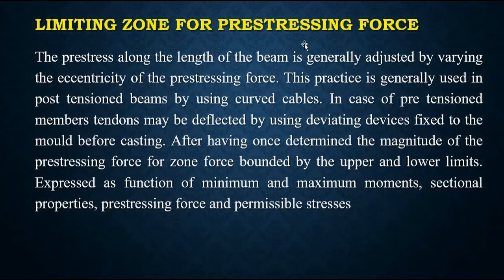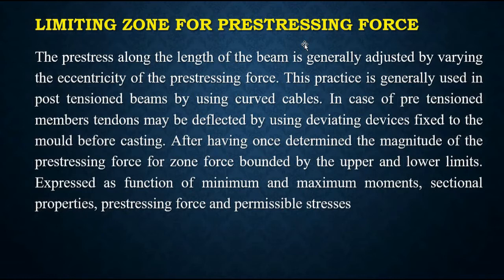These are the two critical conditions the limiting zone of prestressing force is dependent on. For these two conditions, minimum eccentricity value will be calculated both at the top and at the bottom for the provision of cable profile over the length of the beam. And those minimum eccentricity equations will be given by the following four equations. I will just show you that.